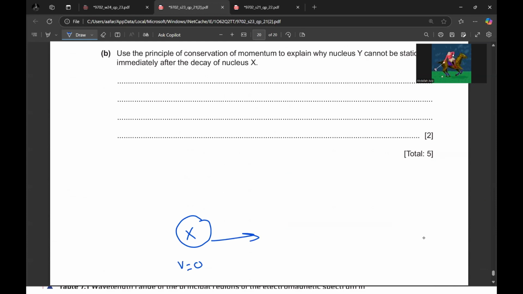And then it converts to Y, and let's say it explodes and shoots out an alpha particle with a speed of v meters per second.